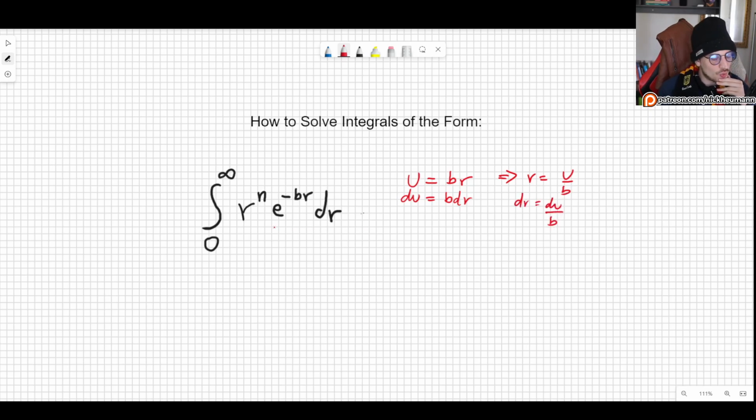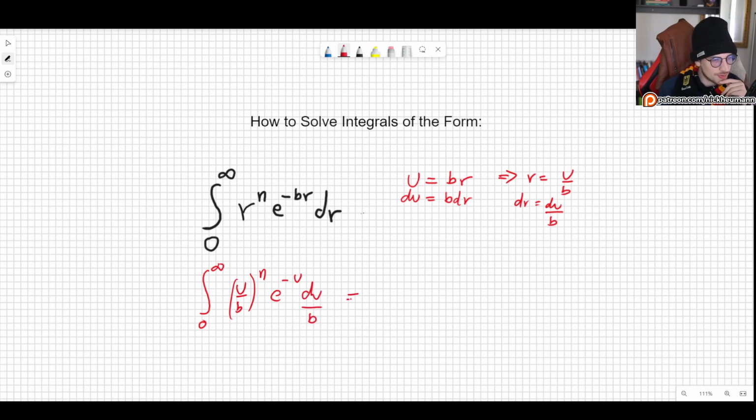So with this in mind, you can just plug this into the integral. The limits of integration don't change, because when r is 0, u is 0, and when r is infinity, u is infinity. So instead of r, you end up having u over b to the power of n, and e to the minus u, and instead of dr, you have du over b.